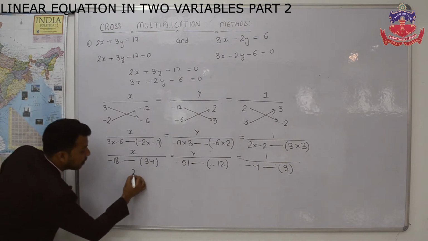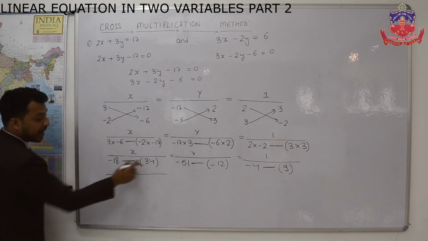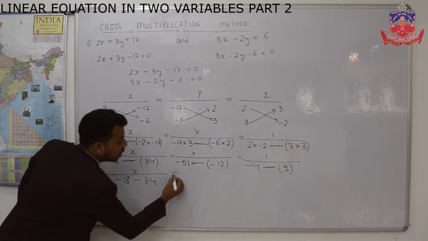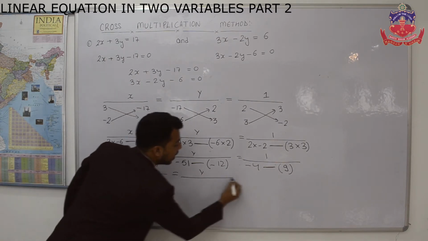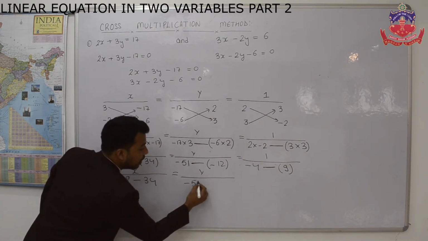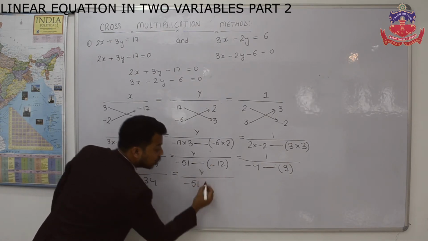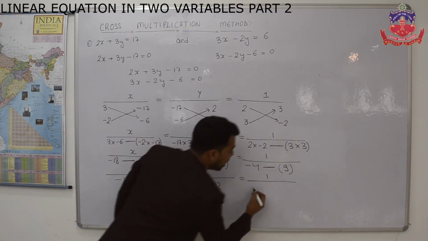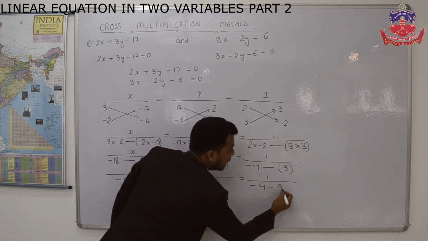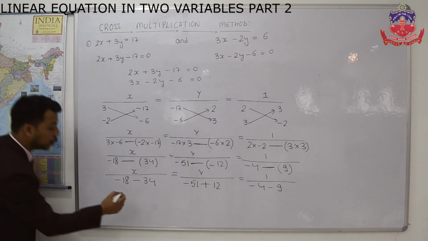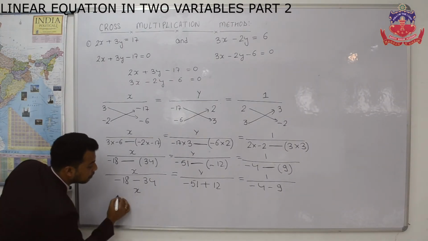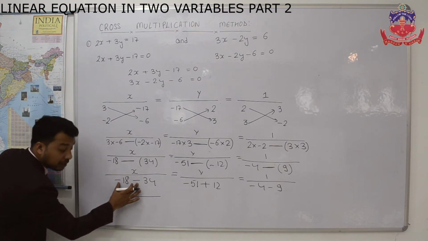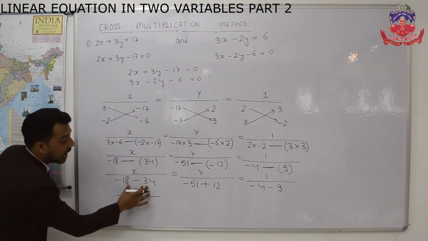After that, for x, let's open the bracket. So it gives you minus 18 minus 34 is equals to y divided by minus 51. Open the bracket. So minus minus will give you plus 12 is equals to 1 divided by minus 4 minus 9. Now what you're going to do is simplify this. So for x, minus minus means plus, that means you'll add these two numbers.